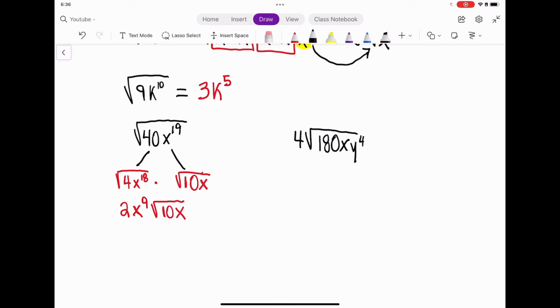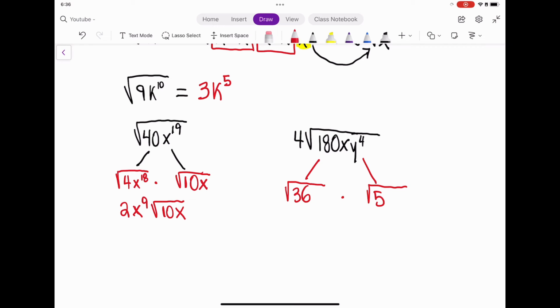So we're going to start off focusing on what perfect square goes into 180. And if I'm not mistaken, we have radical 36 times radical 5. So we started off and we got the numbers that go into 180.